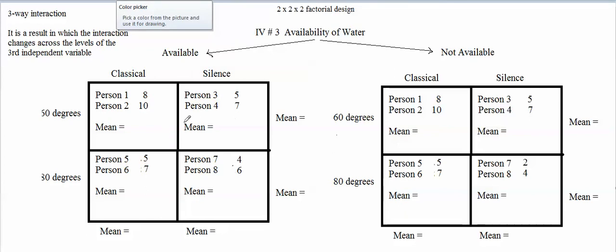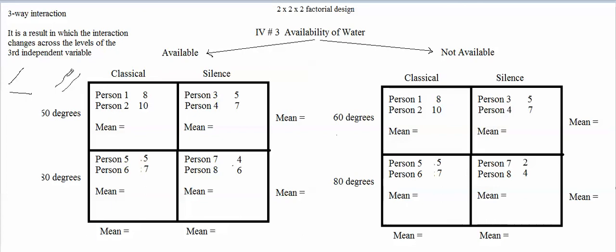If these people over here do have an interaction, meaning non-parallel, like this, but these people over here don't have an interaction, like this, meaning they are parallel, like if this is available, this is not available, then that would be a three-way interaction, because one level of the third independent variable, which is available, has an interaction, but the other level of the third independent variable has no interaction.